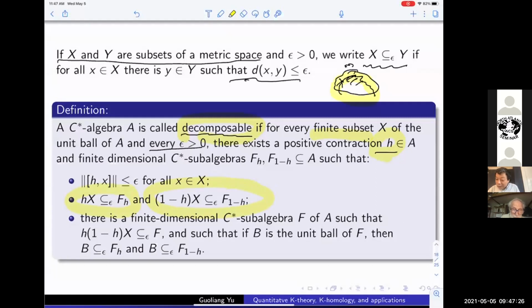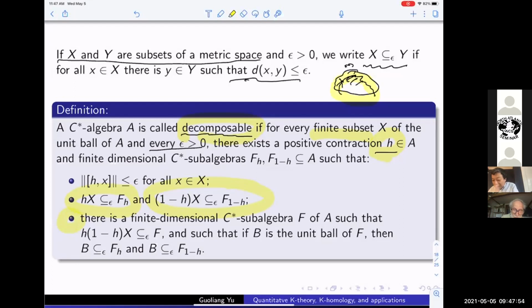Now, this sounds like a condition, but actually it is not much of one, and you can prove that for what we are interested in, it's always satisfied. So conditions 1 and 2 are almost free, but condition 3 is the tricky one. Essentially, we want to say the intersection is also almost contained in a finite dimensional algebra.